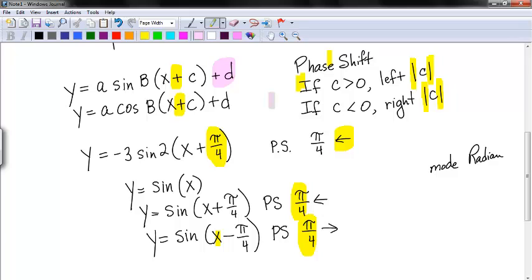The other thing we had in there is the D. So let's look at a graph first. Go back to your calculator. Leave the y equals sine of x in there.